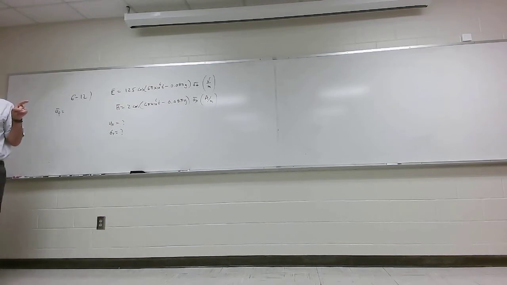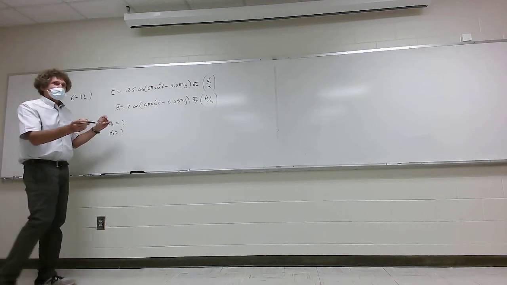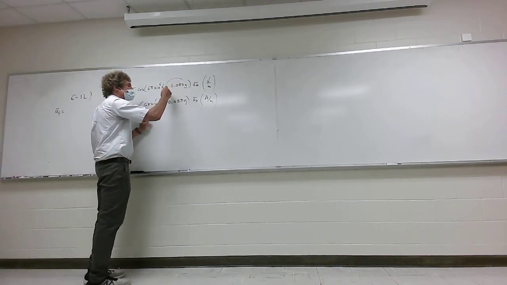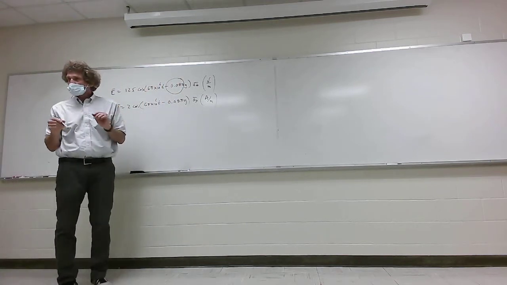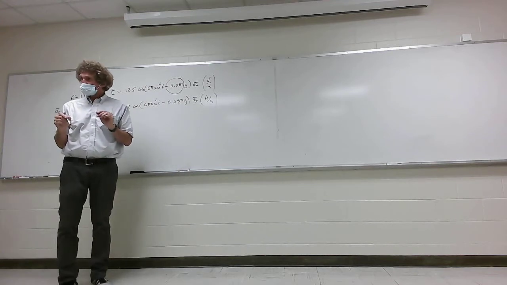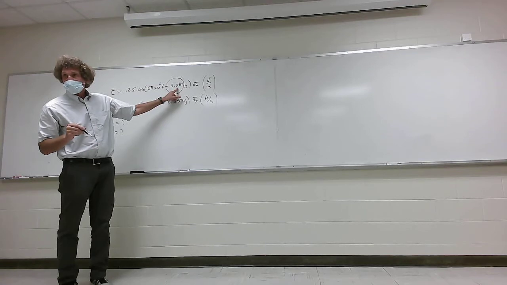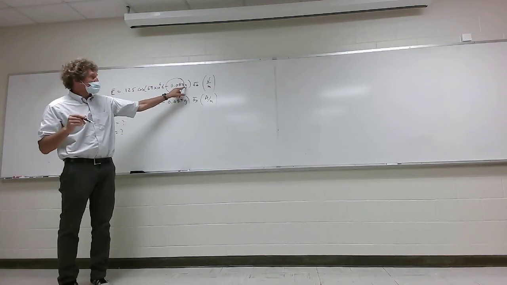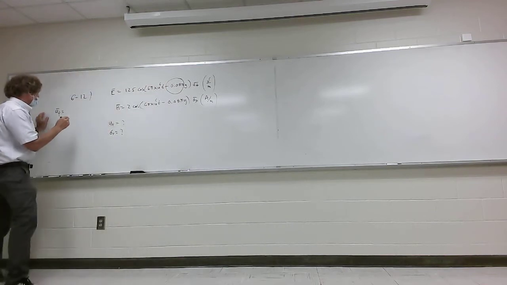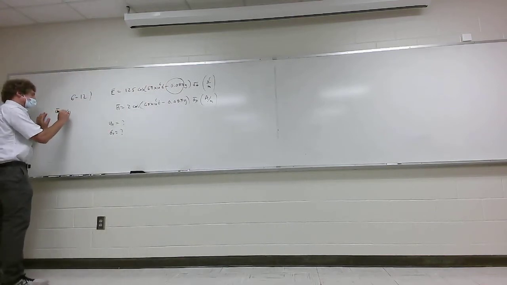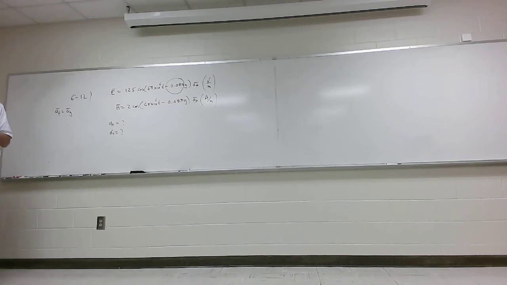Positive y. And what she did is look at the coefficient of the spatial component inside the argument of the cosine. She knows that's beta. A minus value indicates it's moving in the positive y direction. So here, the unit vector in the direction of propagation is AY. I want to make sure everybody understands that.